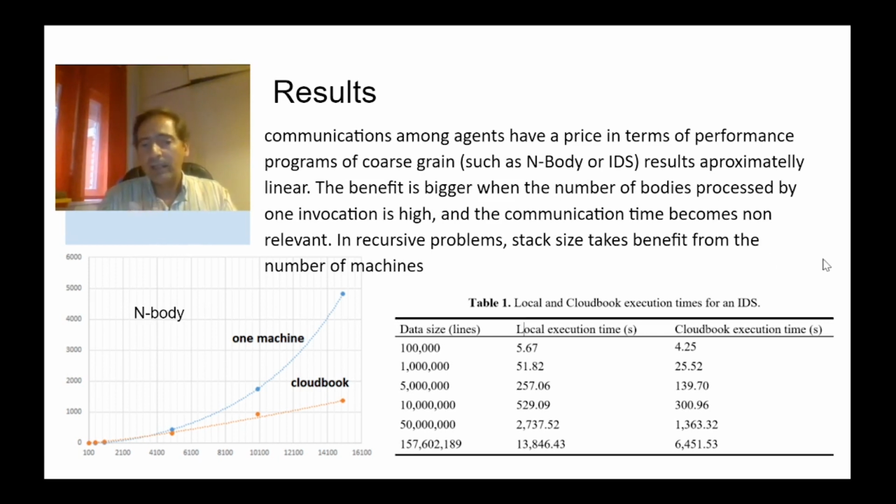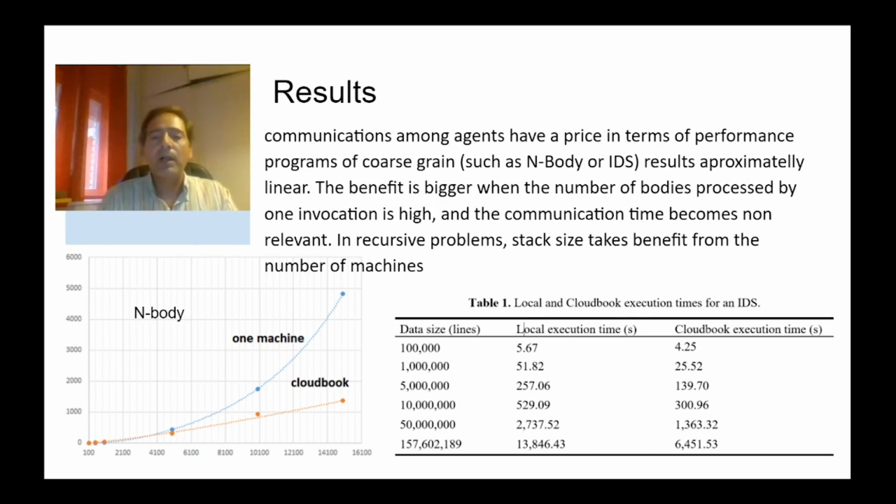On the right side, we have a table with another application, an intrusion detection system application, which analyzes files in order to prepare information for a learning algorithm. And in this table we also have an approximately linear improvement of speed.